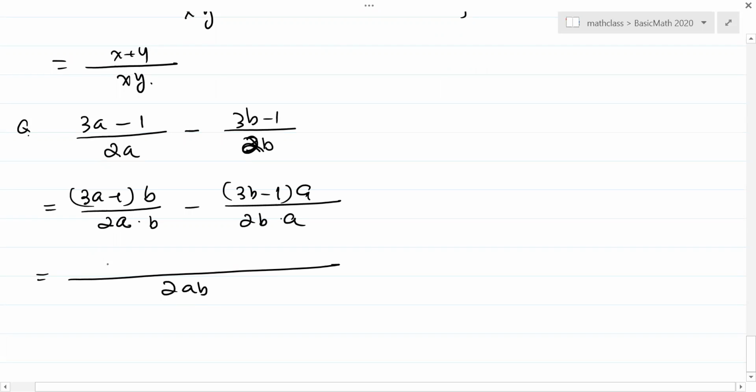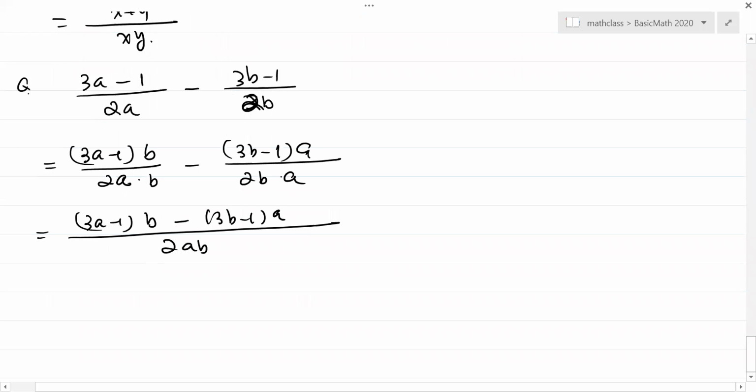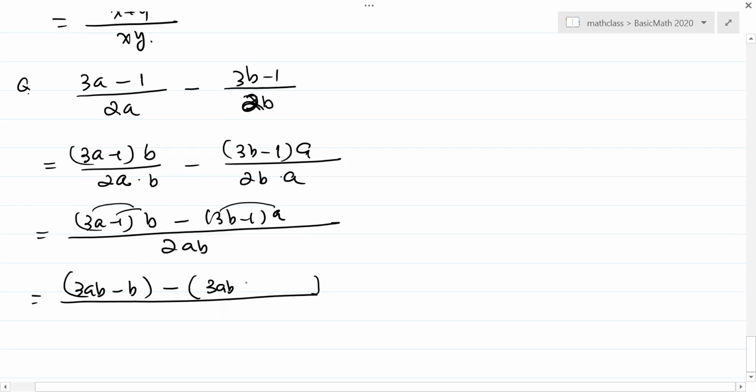Then I can simply write 2ab here, and then let's copy this part. But then you have to simplify the numerator. So you have to do the multiplication, right? This times that, so 3ab, and 1 times b is just b. Don't forget parentheses again. So 3ab, and minus a.